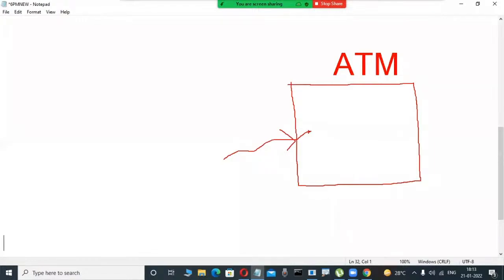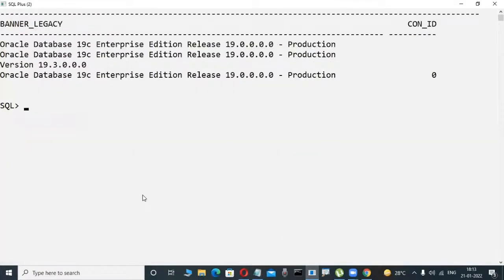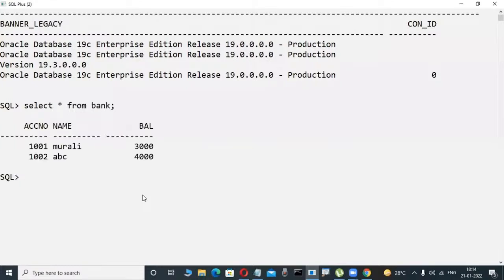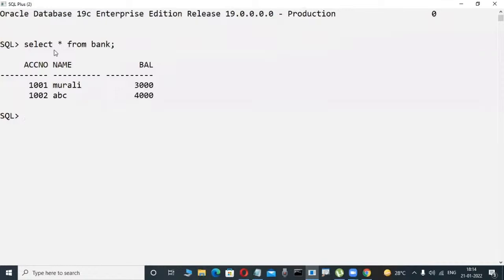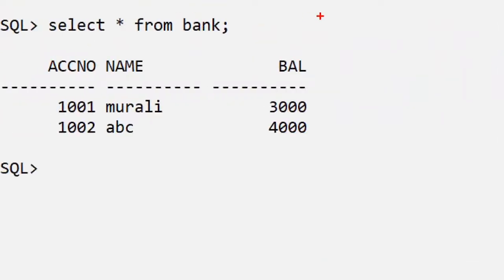Now check it out. Slowly observe the screen. Suppose in this database there is a bank table, for example. Just observe the scenario; it is very easy to understand. This is a bank table, and we store the data in table format.